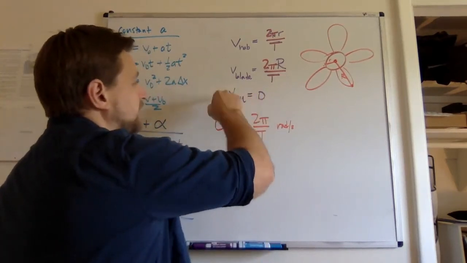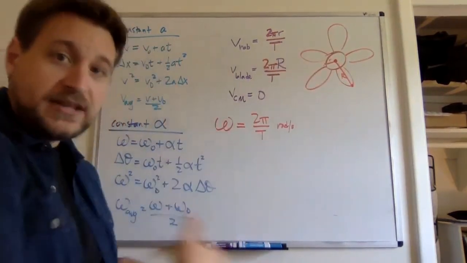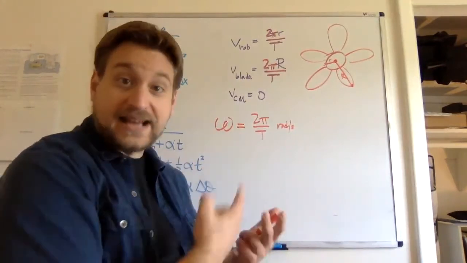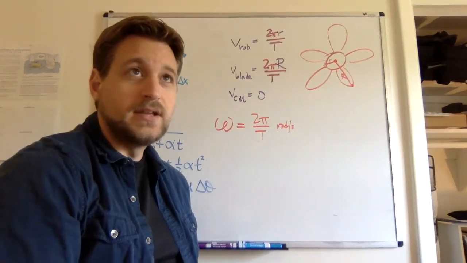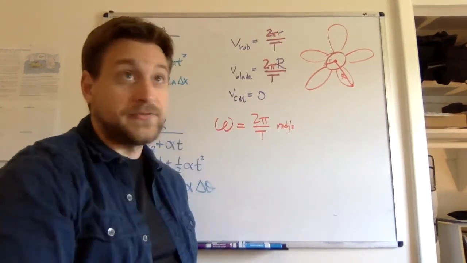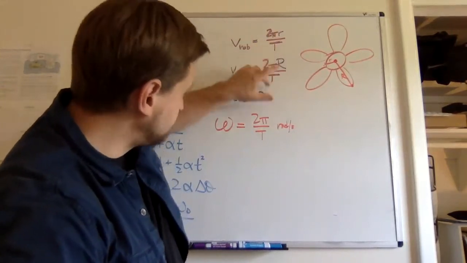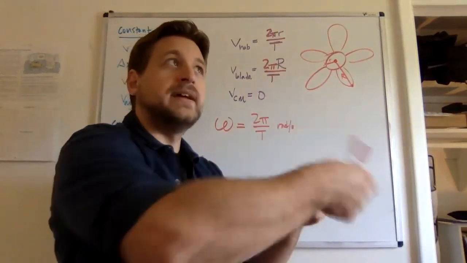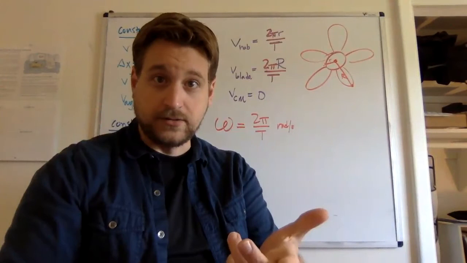The center of mass of the fan is that center point. It's the same point as the point of the axis around which we're rotating. So if I'm going to follow the pattern, I take 2 pi over t, and then I multiply by how far away that point is from the axis, 0.